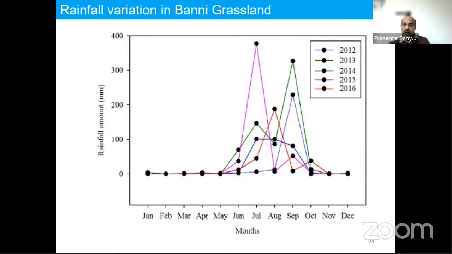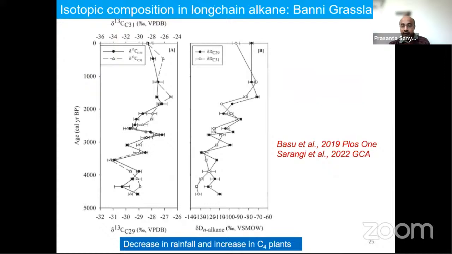Again, here we have separated the alkane from the sediments and then measured carbon and hydrogen isotopic composition. In this graph, we have plotted the carbon isotopic composition of alkane C31, and also C29.